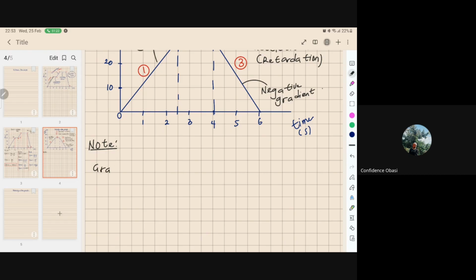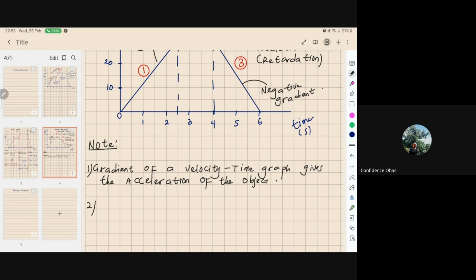So now note that the gradient of a velocity time graph gives the acceleration of the object. That's the first thing I want you to note.